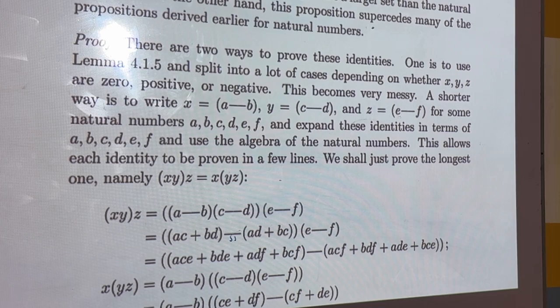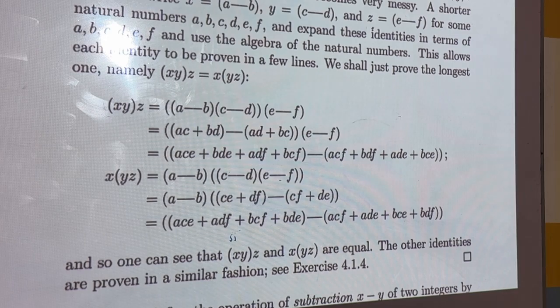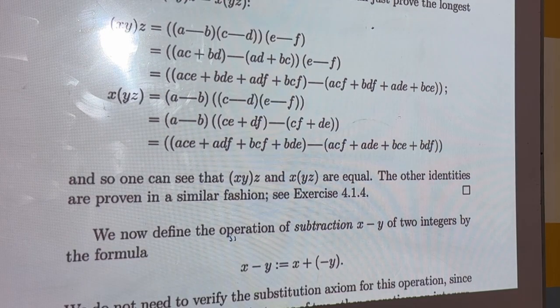X times y, where x is a minus b and y is c minus d, then he gets ac plus bd minus ad plus bc. Then he is multiplying by e minus f. He gets some answer for xy times z. Then similarly he shows x times yz, and eventually he gets the same thing. So that's why they are the same. It's a very elementary thing. You don't need the brain, but you have to sweat.